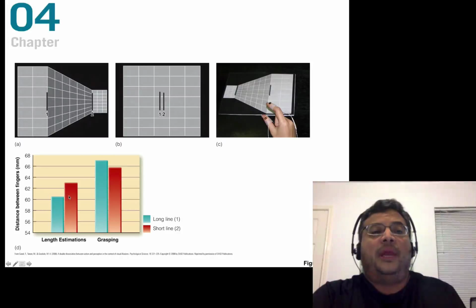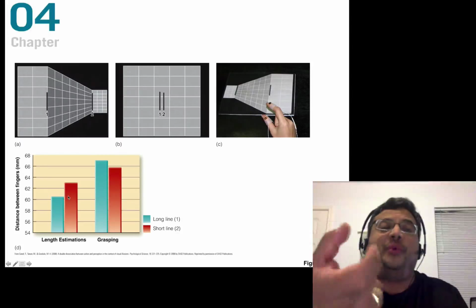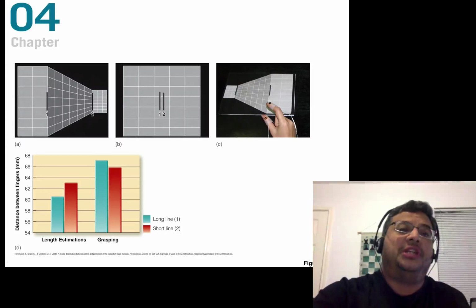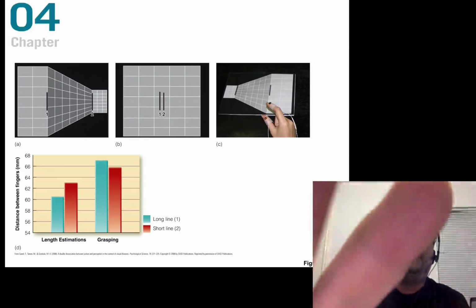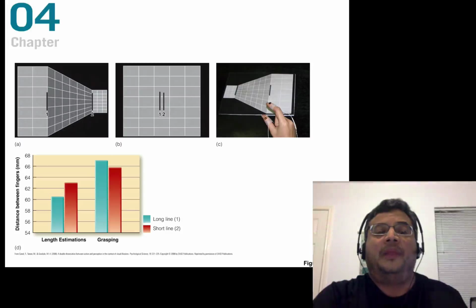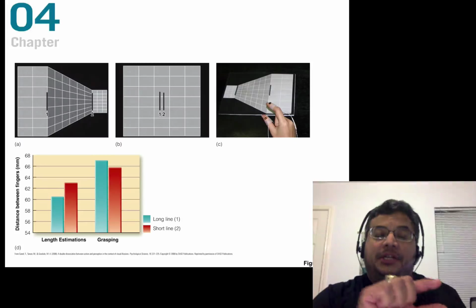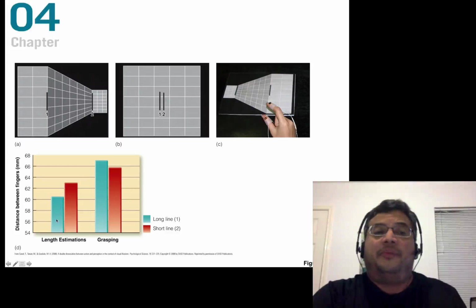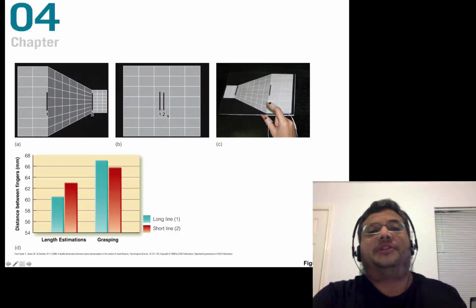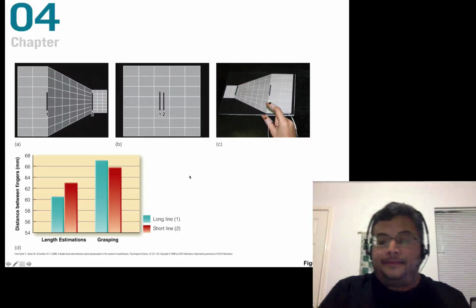But when they were not actually touching the line and estimating its length by touching it, they did very poorly. As a matter of fact, they pretty much fell for this illusion here, which shows that line 2 is longer than line 1, when in fact line 1 is actually longer than line 2.